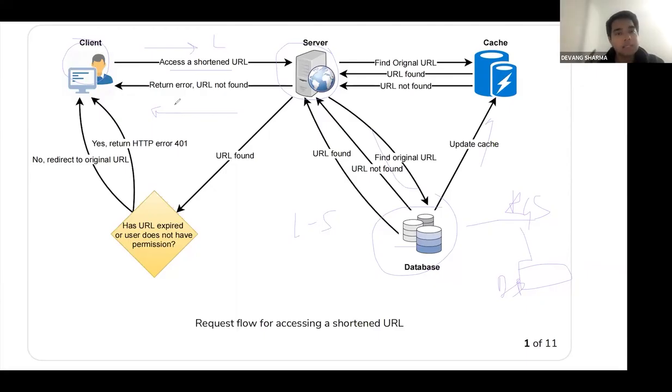Second use case, a client will ask for a short URL redirection. In that case, I don't need to touch the KGS component here. The URL redirection will come from the server. First, it will look up in the cache. If it is not available in the cache, then it will look up in the database, find that mapping, and return the response if it is present, otherwise it will return the error here.